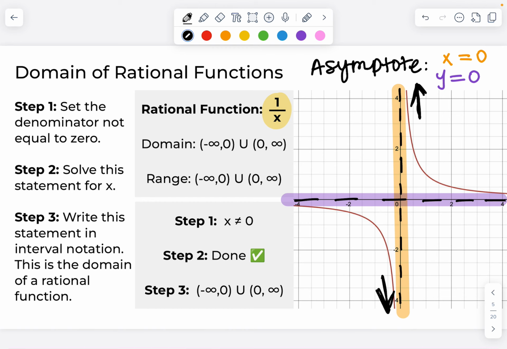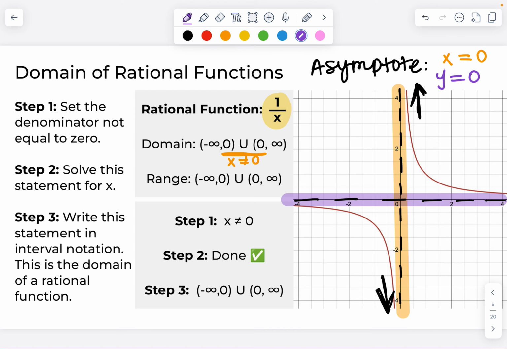The gap right here in our domain, notice we include every single x value except at x is 0, because x cannot equal 0 in our domain.